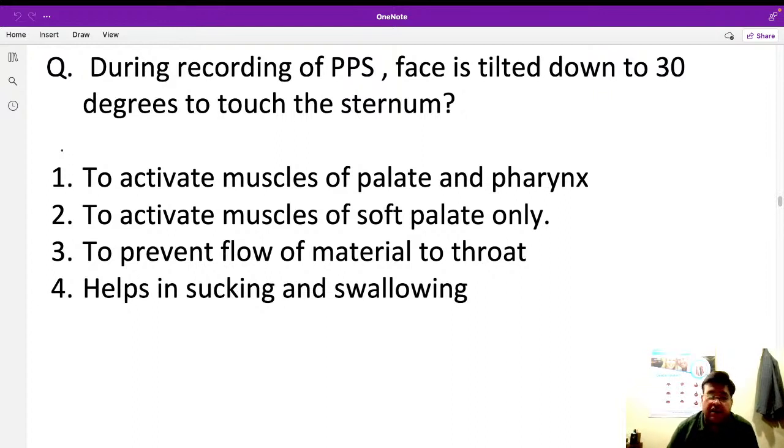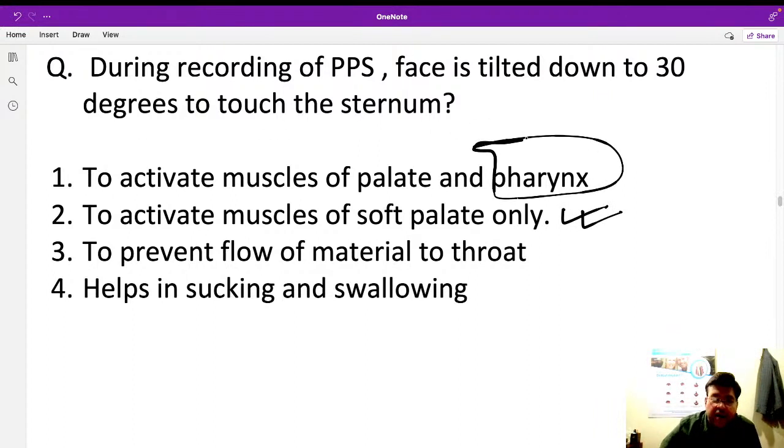Good. So the answer here is soft palate only. Do not get intimidated by the addition of pharynx, because nothing is changing in the pharyngeal muscles when the PPS is being recorded. The face is being tilted down.